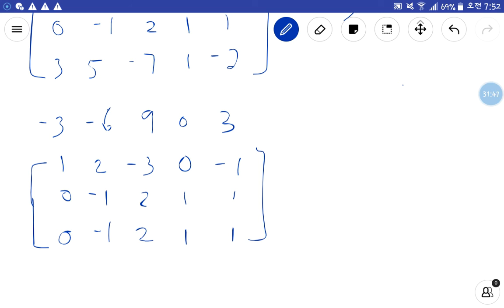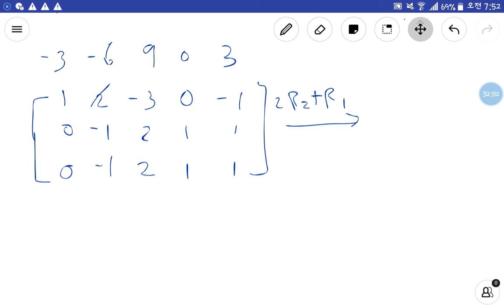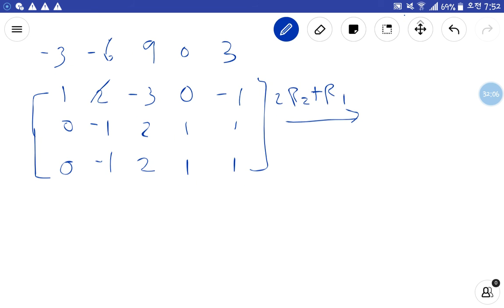Now, I want to make the 2 here cancel out. So I'm going to multiply the second row by 2 and add it to the first row. If you multiply 2 into the second row, that would be 0, 0, negative 2, 4, 2, 2.